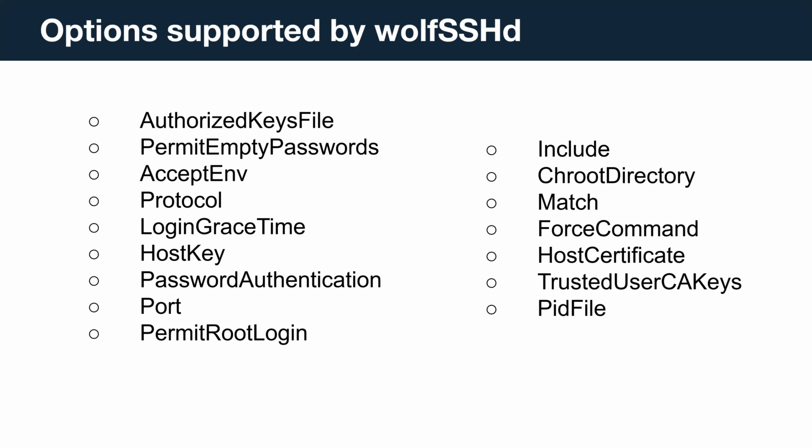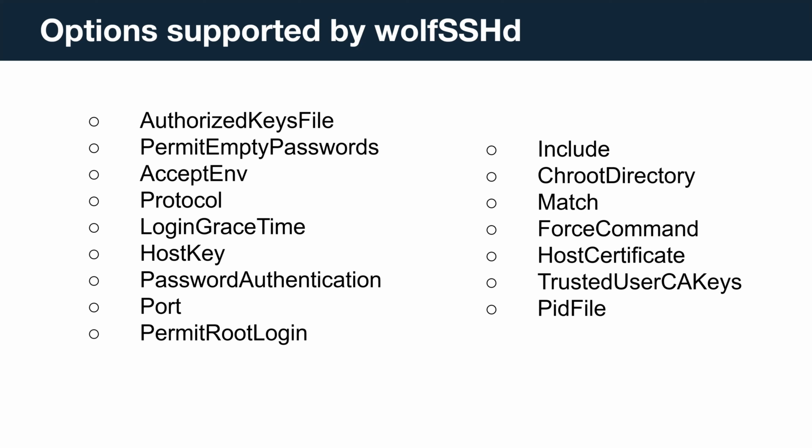And then we have match and force command, which is really useful if you have specific users that you only want to allow SFTP connections for those users. You can do the force command to force them to only be able to use SFTP connections, or it's not limited to that. You can force any type of command that you'd like for users that are in that match list.